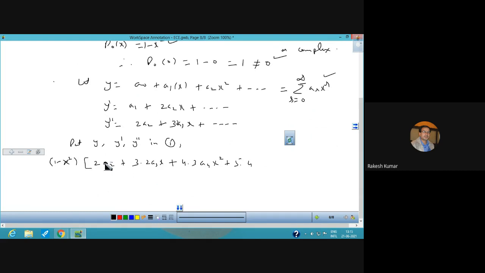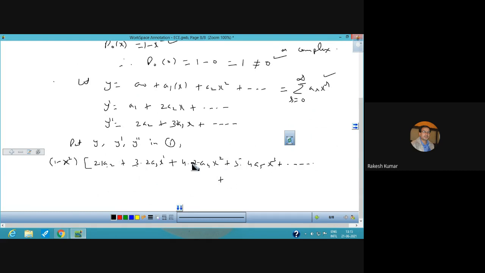This is 2, this is 3 into 2, so it can be written as 2 into 1. So 2, 3, 4, 5, this is the pattern. 1, 2, 3, 4, this is the pattern. a2, a3, a4, a5. And the pattern is x raised to power 0, x raised to power 1, x raised to power 2, and x raised to power 3, plus so on. You can also write down the general term.